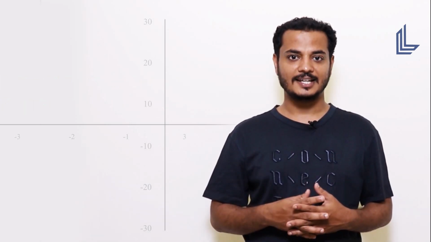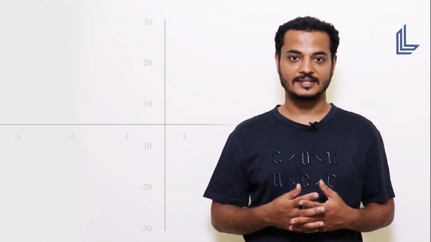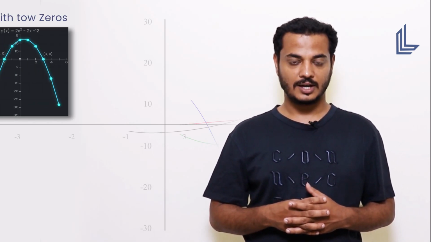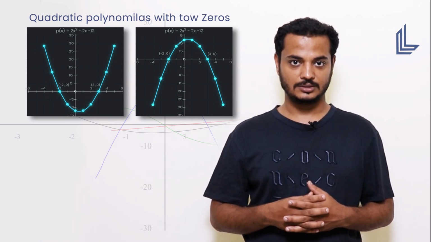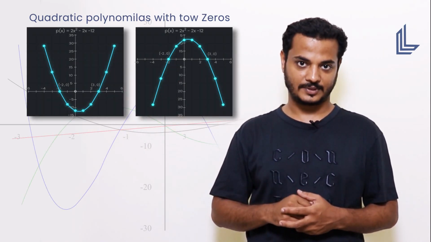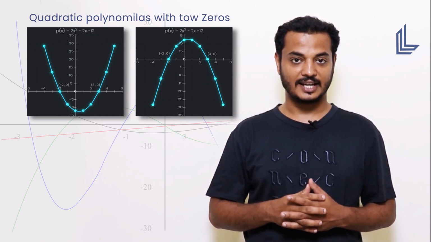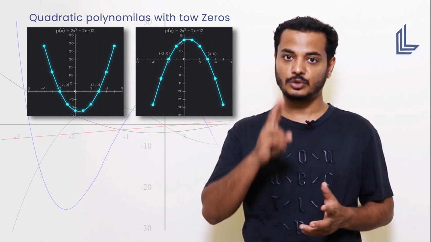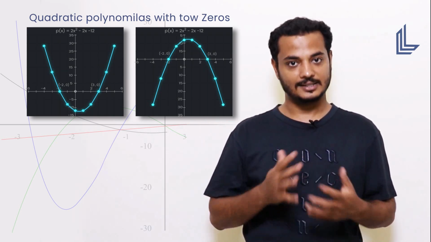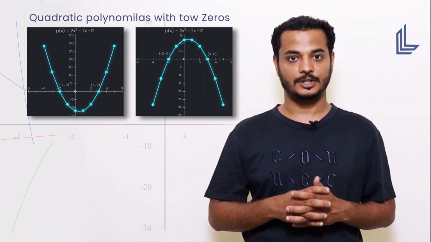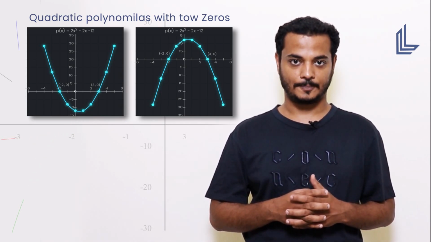Now we have seen that a quadratic polynomial will always result in a parabola, right? Now I can have a parabola like this or this. In both these cases, we can clearly see that the parabola intersects x-axis on 2 distinct points. In such a case, we can say that there will be 2 zeros for that particular quadratic polynomial.